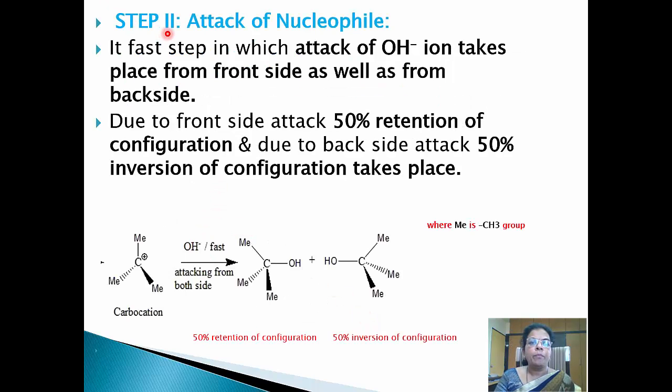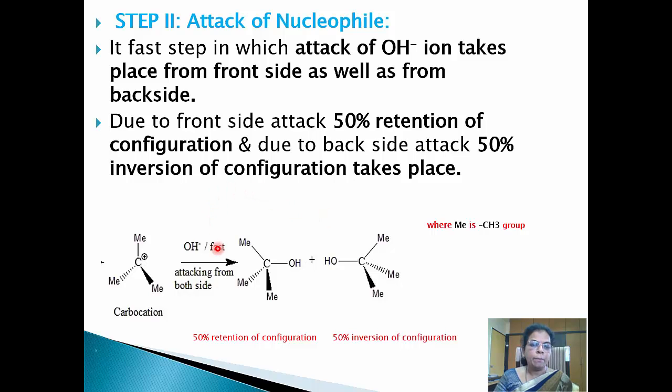Step second. Now attack of nucleophile. It is a fast step in which attack of OH minus ion takes place from front side as well as from back side. Due to the front side attack, 50% retention of configuration, and due to the back side attack, 50% inversion of configuration takes place.